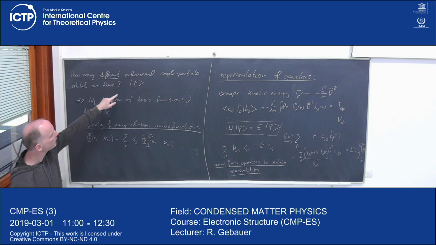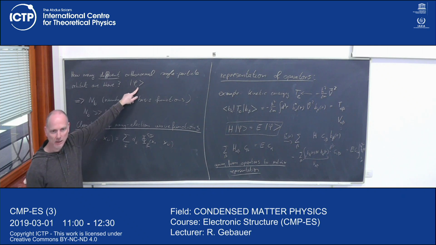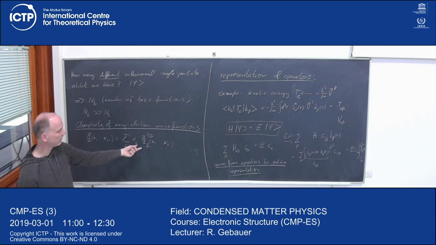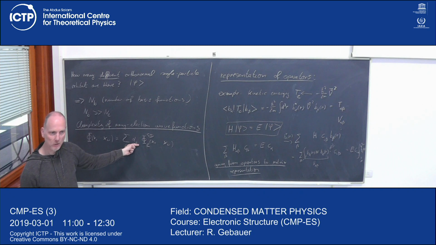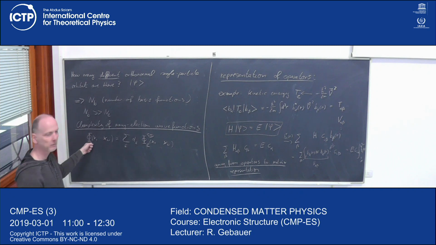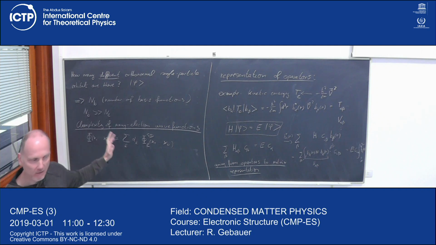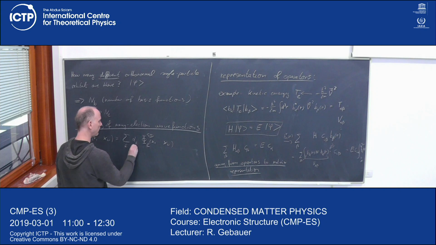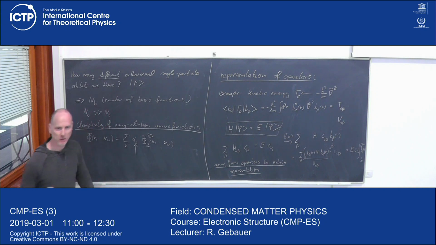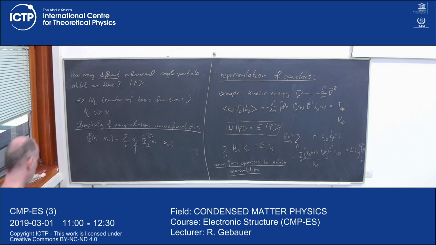And then I choose all possibilities to choose n single particle orbitals to make a Slater determinant. I build all possible Slater determinants. And then if I know the expansion coefficients in front of them, I know the many body wave function. Okay? So in principle, everything is well defined. What we need to store in the computer are the expansion coefficients. So what is really your solution is determined by these alphas.